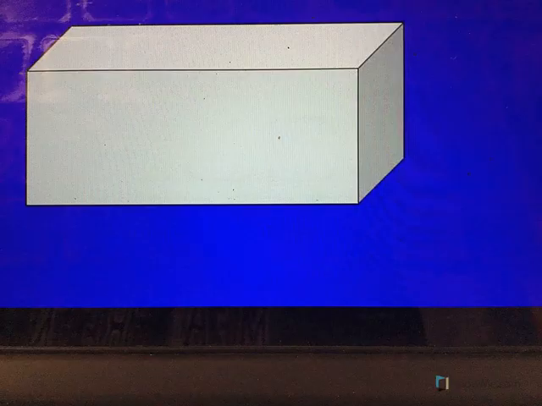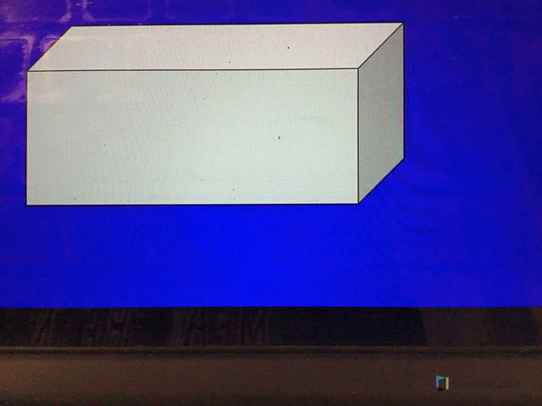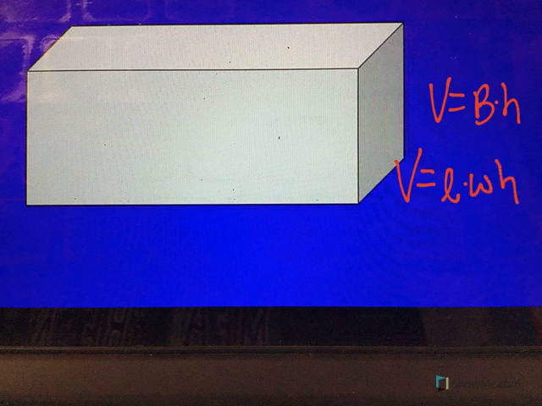So how do we determine what the bottom shape is? Let's look at this rectangular prism. In elementary school, you wrote down volume equals capital B times H. Of course, you knew it's a rectangular prism, so the formula you always went to was length times width times height.